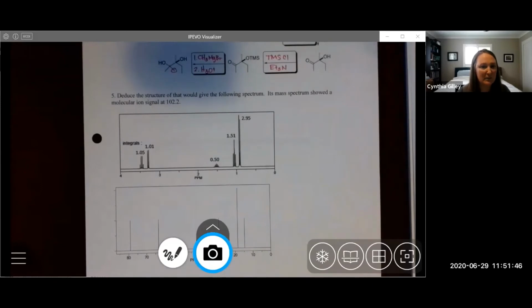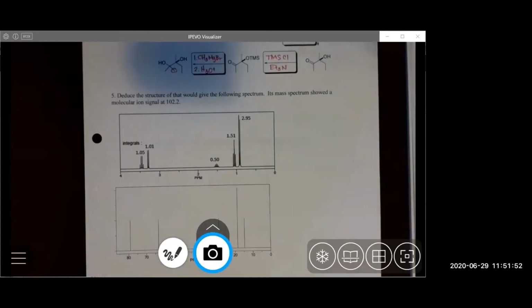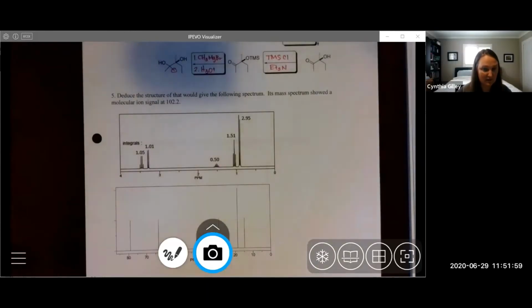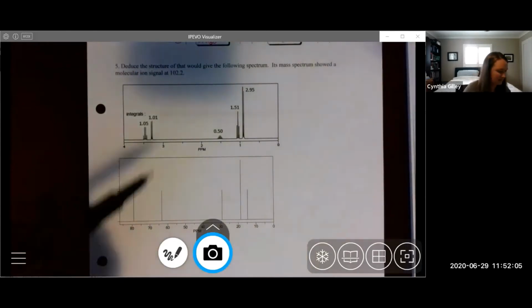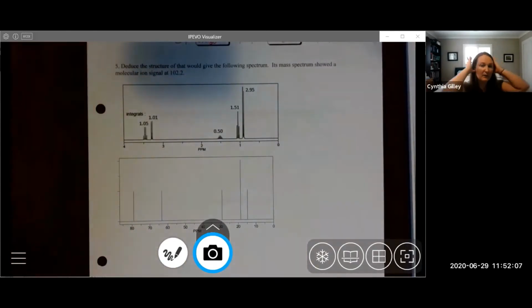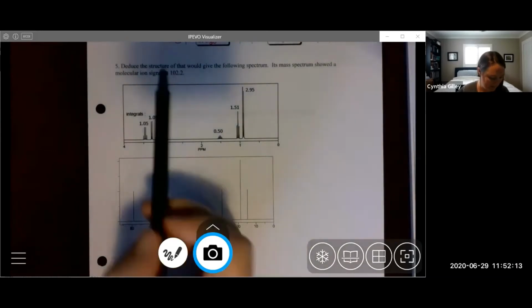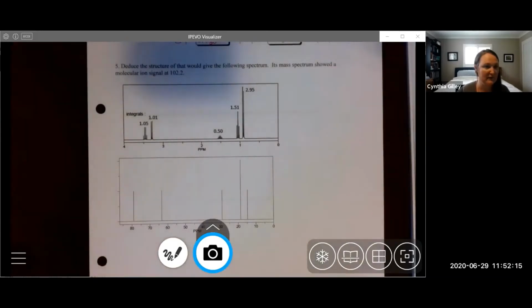So I'm not planning on putting any NMR problems on your quizzes until after we've done those NMR activities. But just because it's here, I am going to go ahead and go over it. He doesn't give us a molecular formula, which is a bit unfortunate.